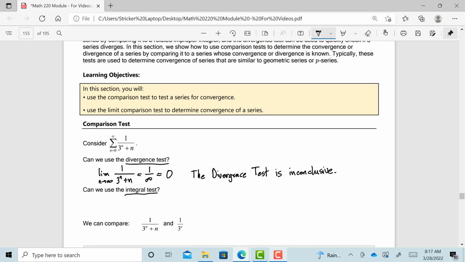So we cannot integrate f of x equals 1 over 3 to the x plus x. That's not something we know how to integrate, so we can't use that test. So that leaves us with needing something new.